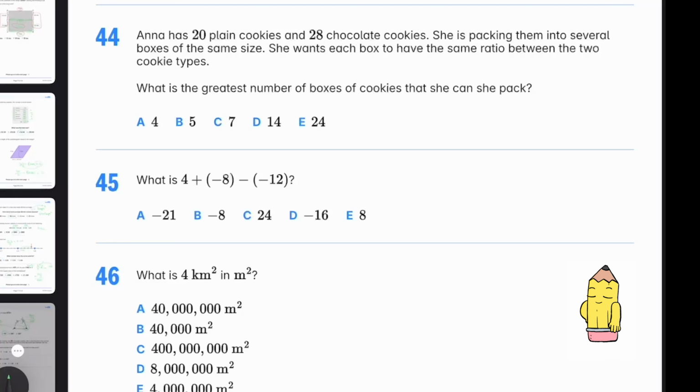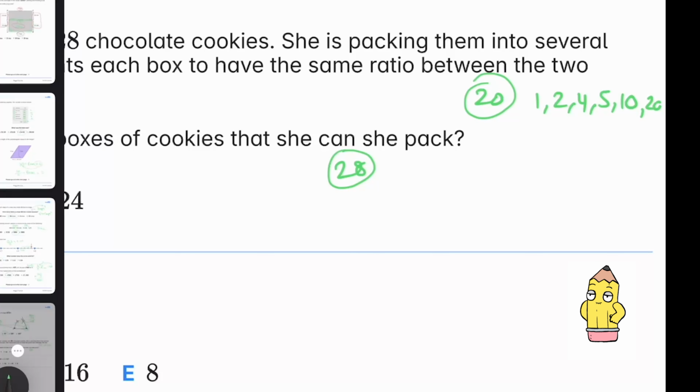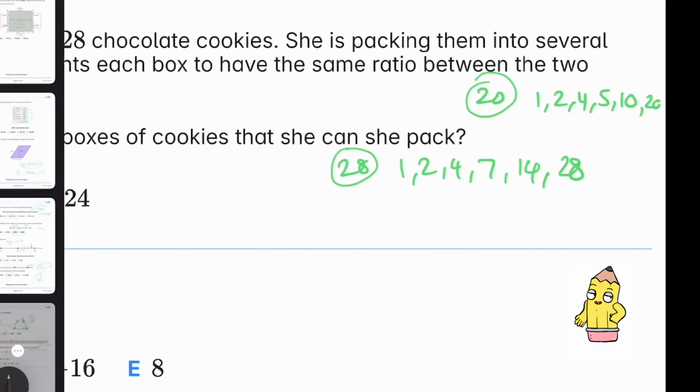So to solve this problem, we need to find the highest common factor of 20 and 28. So instantly, I'm going to get all my factors of 20 and all of my factors of 28. I know this is 1, 2, 4, 5, 10, and 20. And for 28, it's going to be 1, 2, 4, 7, 14, and 28.